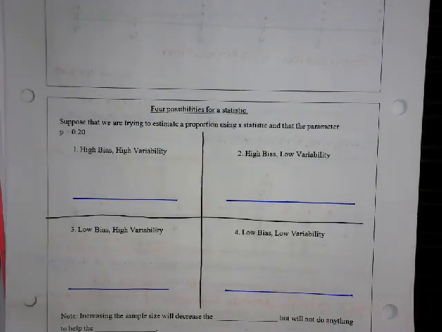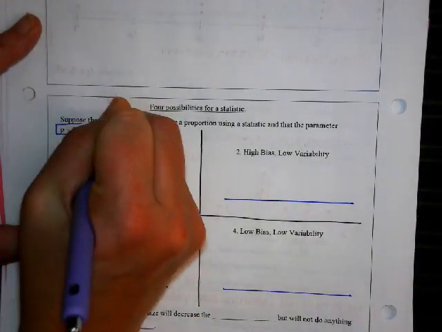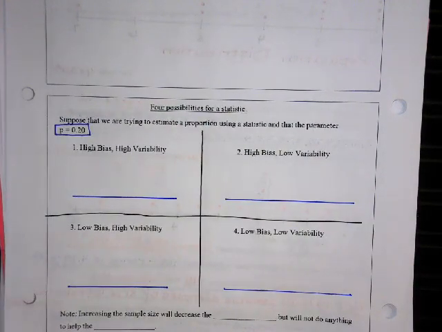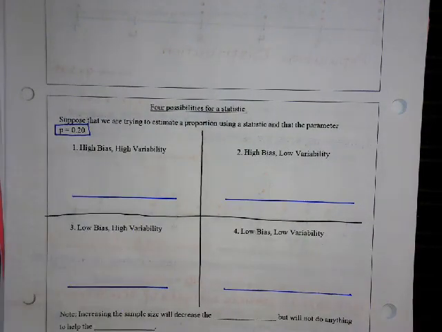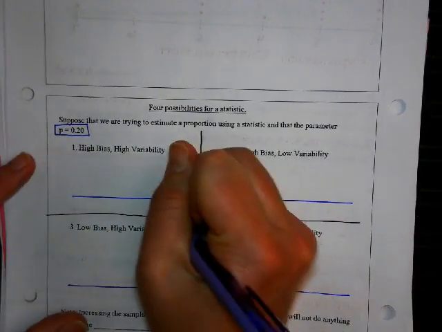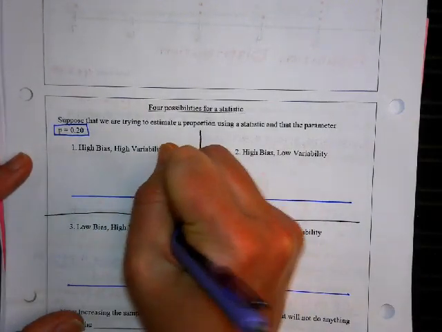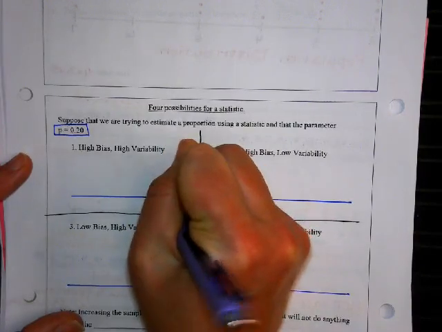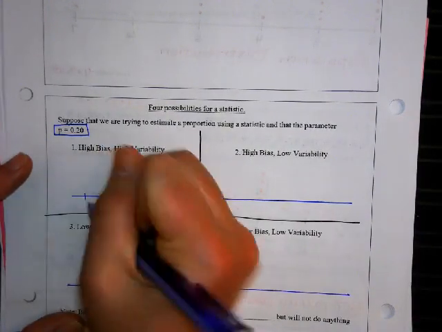So the first possibility is we have high bias, so we either really overestimate or underestimate the parameter. And we have high variability. The data is really spread out. So do you want to overestimate or underestimate? Under. So here's the actual parameter, and we'll say we'll be at 0. High bias would mean that we're more centered around 0.